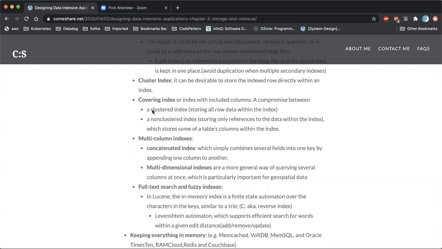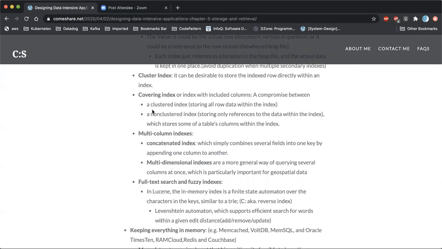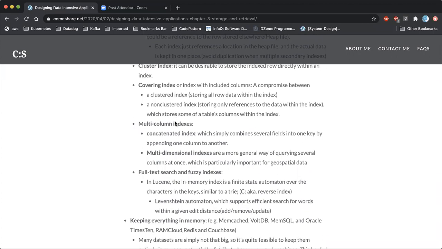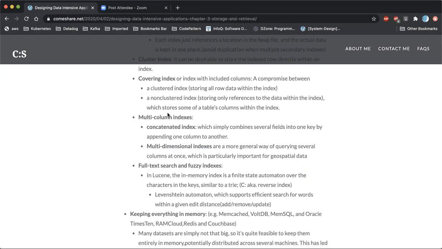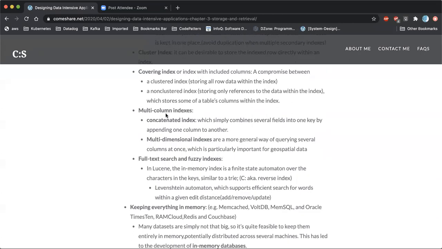I know about the secondary indexes that I have used in NoSQL, not in production, but on a side project, and I know we can set up clustered and non-clustered indexes in relational databases. So if anybody has experience setting up clustered, non-clustered indexes in NoSQL, you can share it.